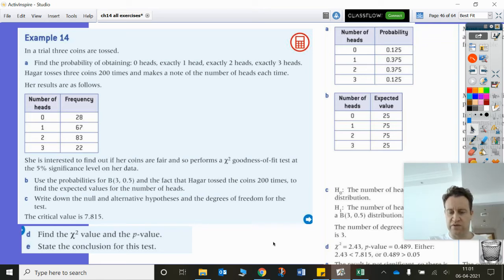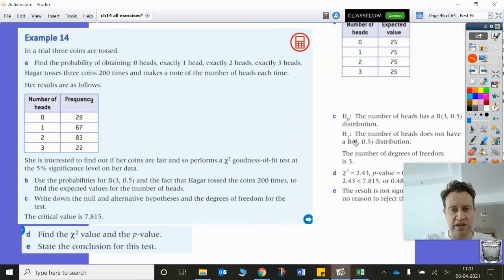So there we go. We've got a chi-squared value of 2.426, so 2.43, rounded to 3 significant figures. And the p-value is here, 0.48868. So there we go, 0.489 to 3 significant figures. We are done with this question, essentially. They're giving us the critical value.